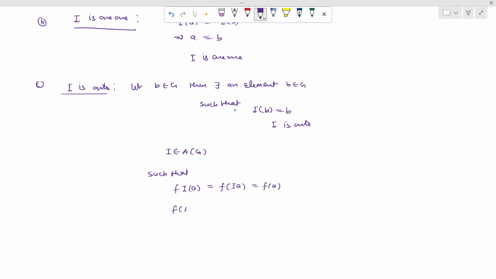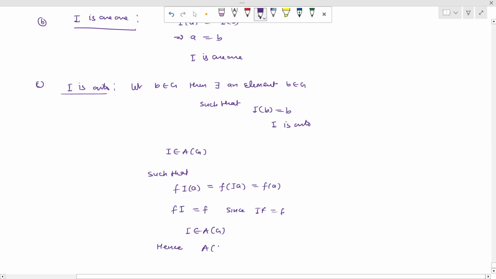So f of I is equal to F, and also I of f is equal to F. Then I belongs to AG. So hence AG is a group.